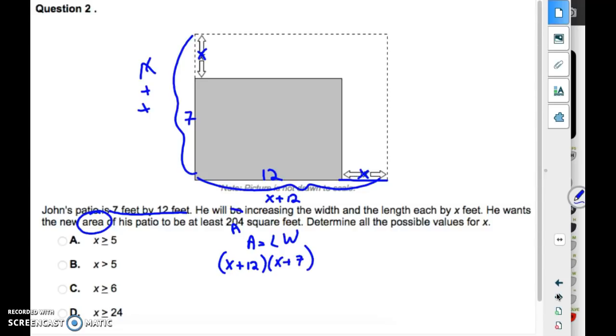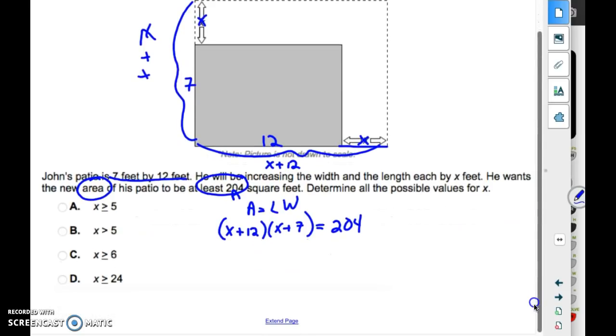And it says it wants to be at least 204. So I'm going to say equals 204 and come back and adjust for at least. So then I need to multiply my 2 binomials. When I get done distributing everything, we get x squared plus 19x plus 84 equals 204.